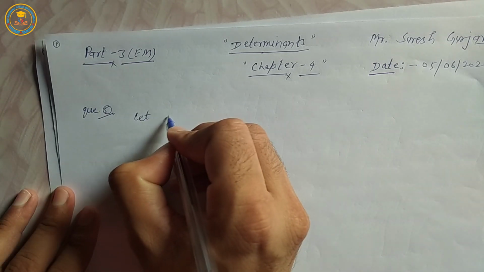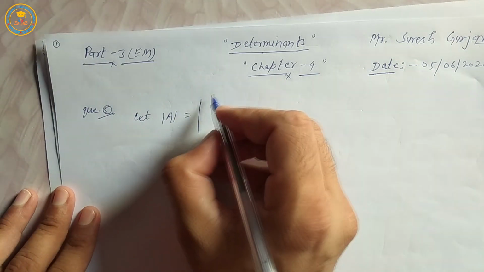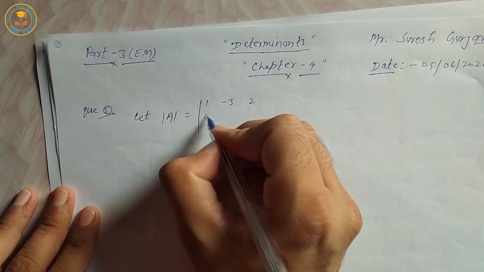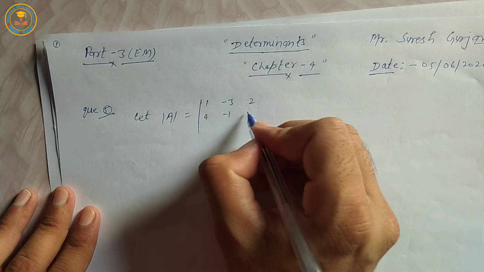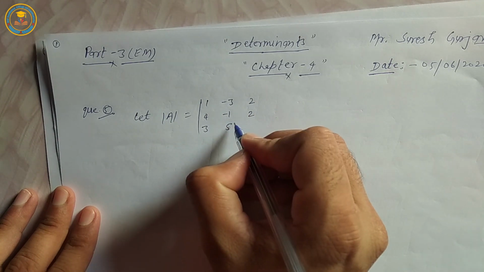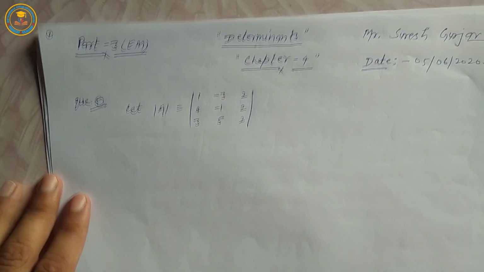Let determinant of A is equal to 1 minus 3 2, 4 minus 1 2, 3 5 2. Okay.